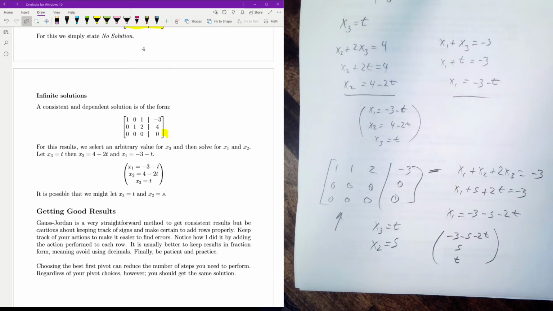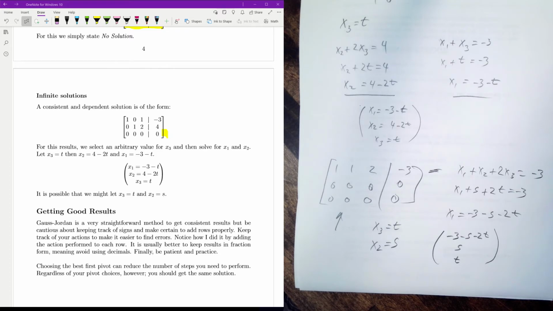Now, the algorithm itself for Gauss-Jordan is very straightforward to get consistent results. But it's very easy to make mistakes when you're doing this. Very easy to make very simple mistakes. So be cautious about keeping track of the signs especially.